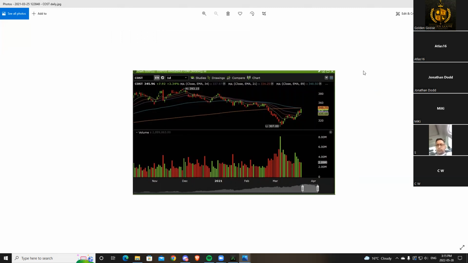And also, as you can see, I'm not using any RSI or MACD. I'm mainly concerned with the price action of the stock. I think this was back in 2021, 03/25 when I took this picture, so this was in the early days of March.